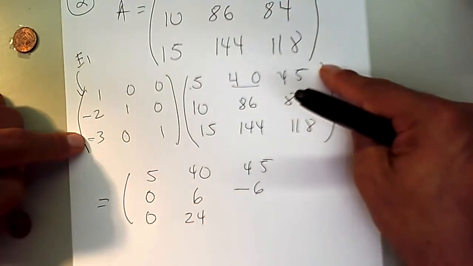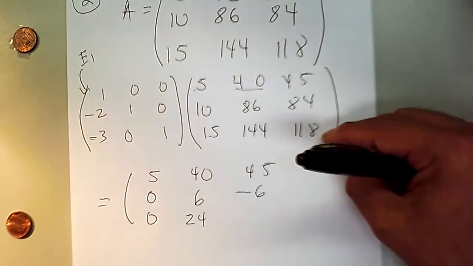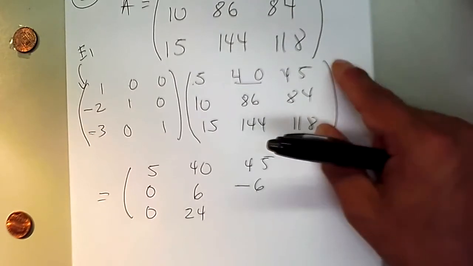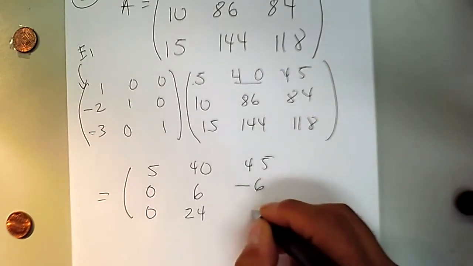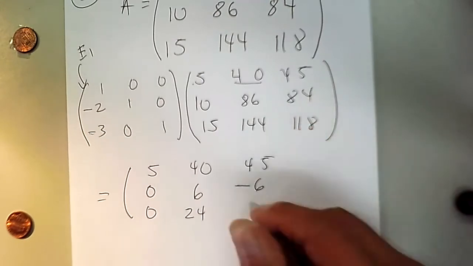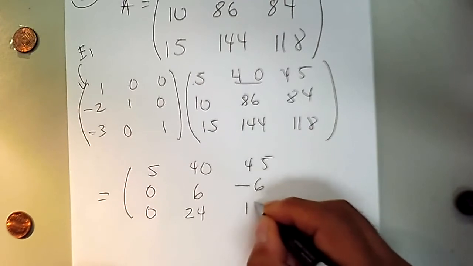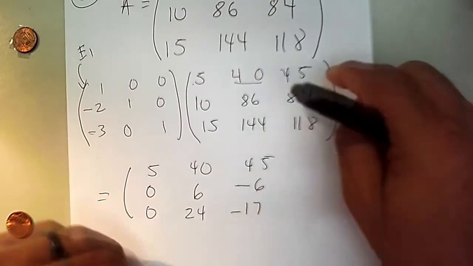Negative 135 plus 118. I'm thinking 135. I'm going to try 17. Yeah, I think that 17 is 1. But it's got to be negative, isn't it?